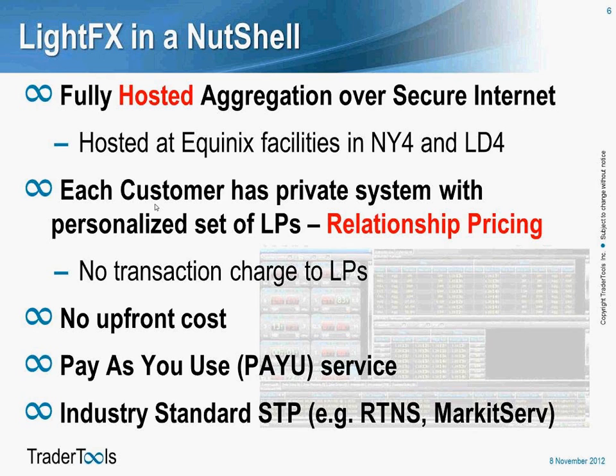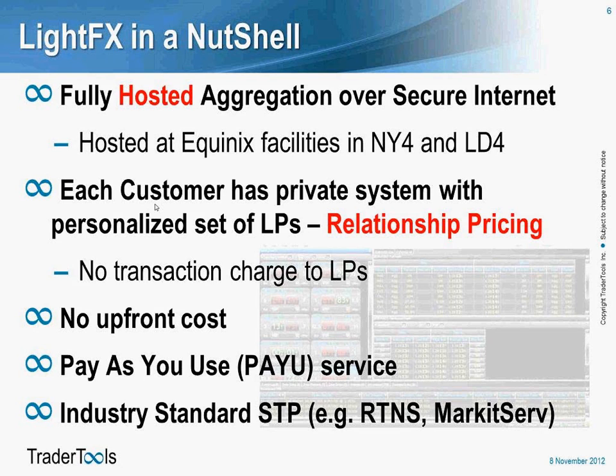Because institutions have a private set of liquidity providers, and each customer has a separate set of liquidity providers, they know exactly who's getting the prices and adjust them in order to get more flow from their customer, which is our customer, as an example UBP. Relationship pricing ensures best execution.